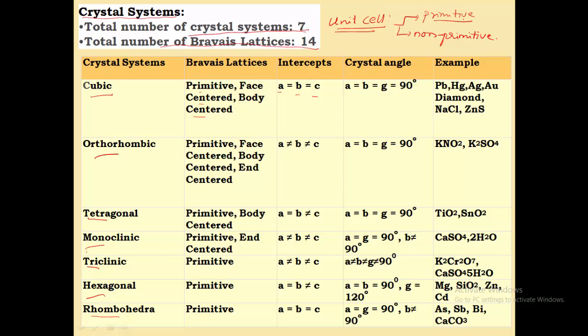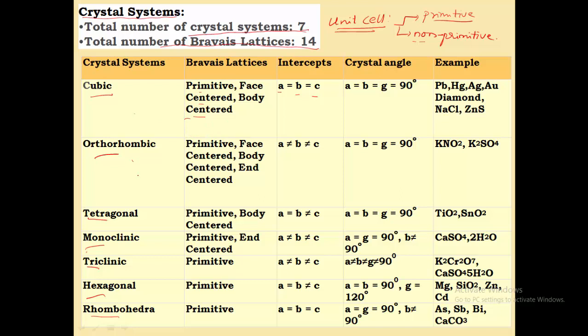So primitive means the particles are present only at the corners. Non-primitive means the particles are present at the corners as well as different parts of the unit cell. And in non-primitive cells only you can observe the body centered, face centered and end centered unit cells, and those constitute Bravais lattices.